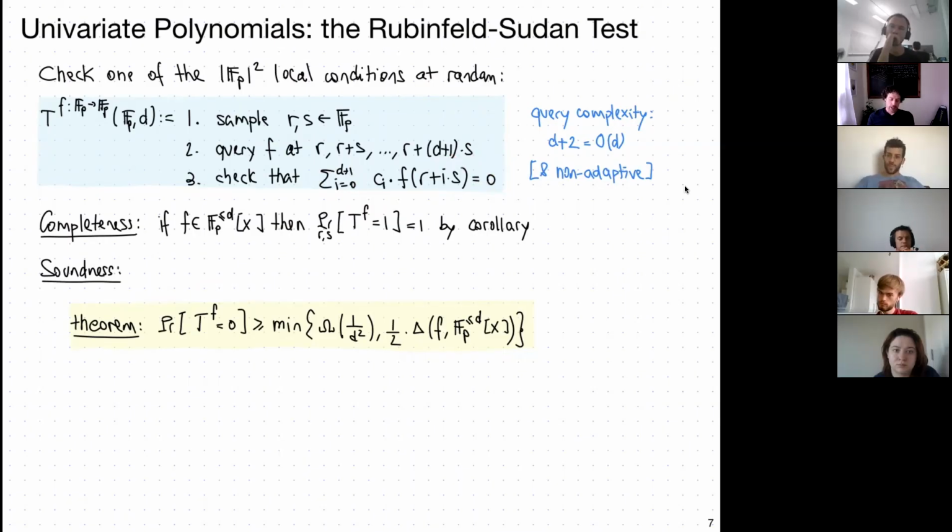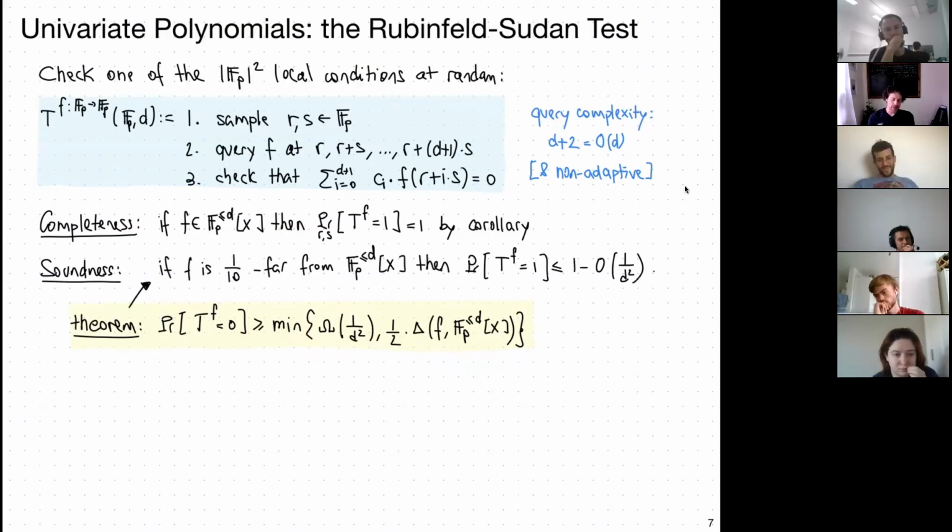And we want to say that this probability is at least half the distance of F from being low degree. Yesterday it was linear, today it's low degree. And yesterday we had 1/6, and now we have this dependency on D, on the degree, which is a bit unfortunate, but what can we do?